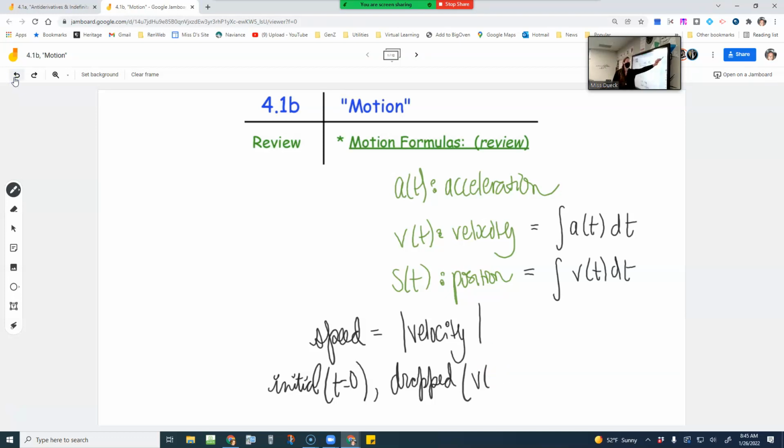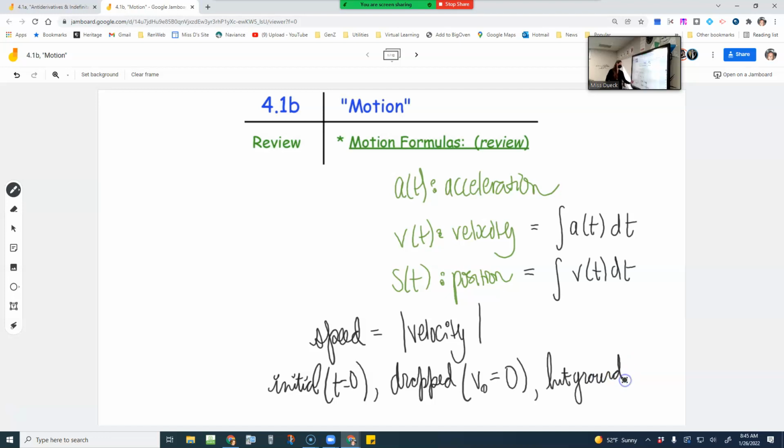She disrespectful. Me? No, Miss G. Oh. Initial velocity, I'm moving on. Initial velocity is 0. You guys remember we can use little subscripts to say which one, right? V naught. Poor little algebra kids still need to learn that. They get really confused. Initial dropped. Oh. Hit the ground.